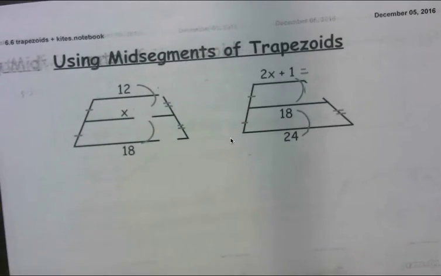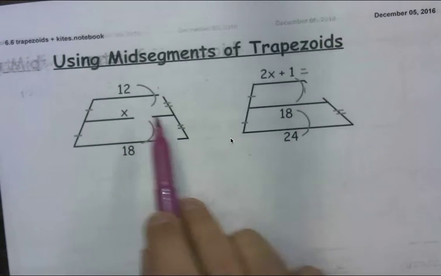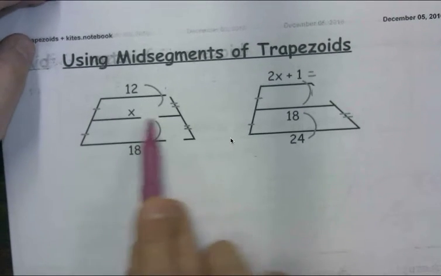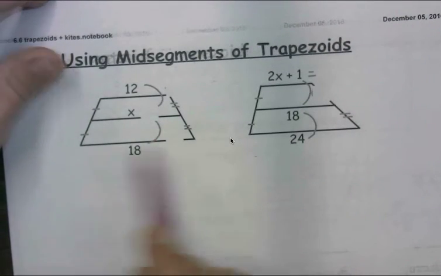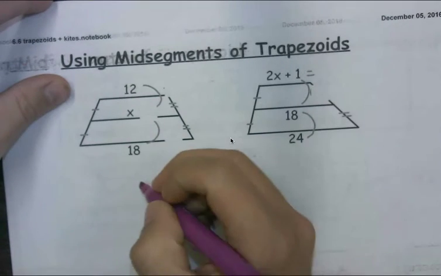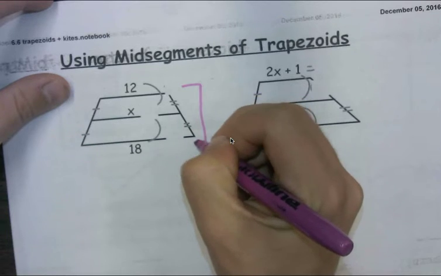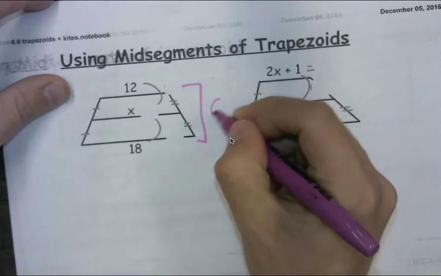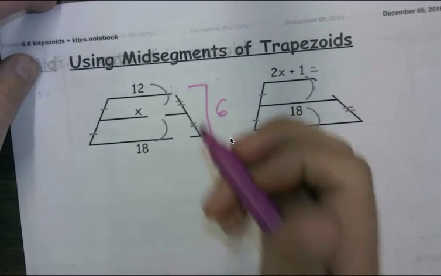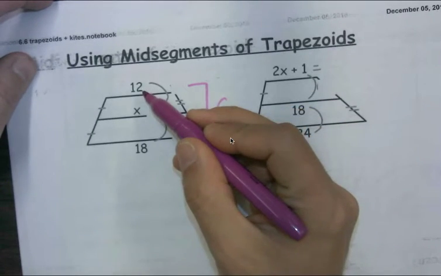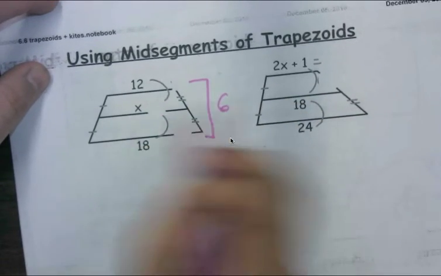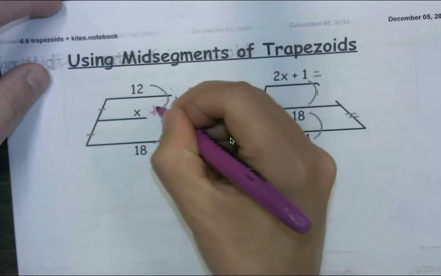A quick example seen here. If we have a top base of 12 and we're trying to find the midsegment for this trapezoid of x, our bottom base is 18. Well, I know that it jumps collectively from 12 to 18, 6 units. So I can assume that from the top base to the midsegment, we should be adding 3.